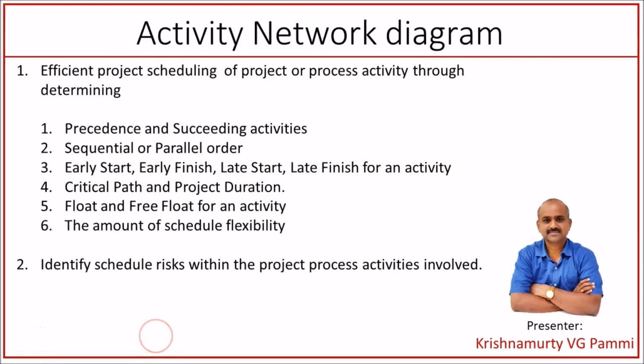Thus, activity network diagrams help in efficient scheduling of a project or process activities through determining precedence and succeeding activities, sequential or parallel order or sequence of activities, early start, early finish, late start and late finish for an activity, critical path and project duration, free float and total float for an activity, and the amount of scheduling flexibility available.